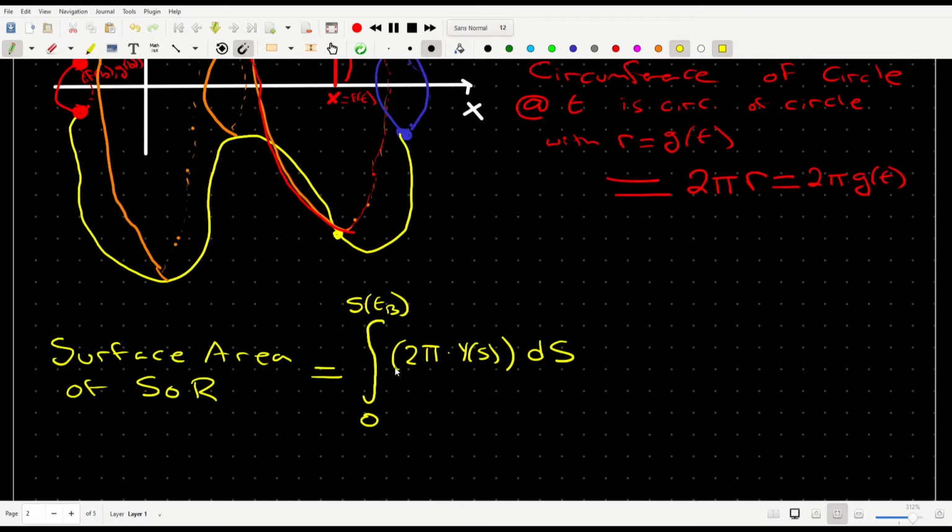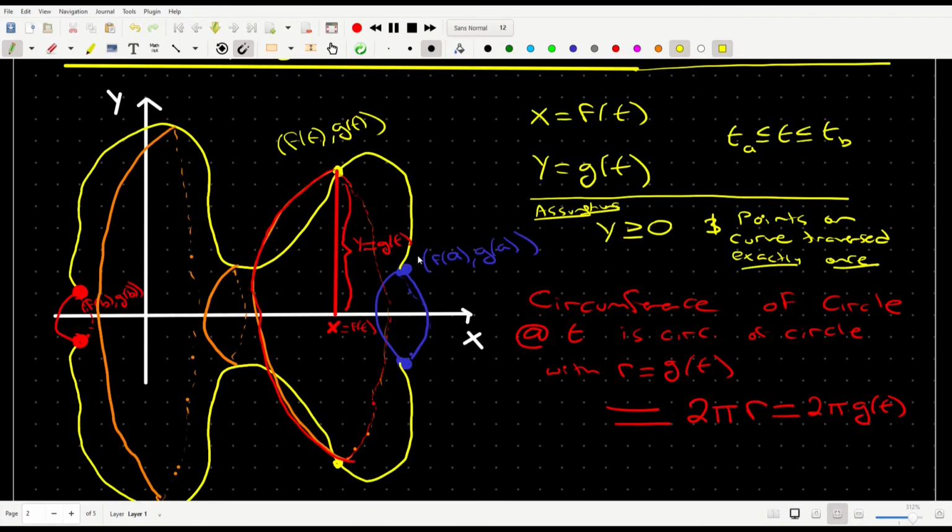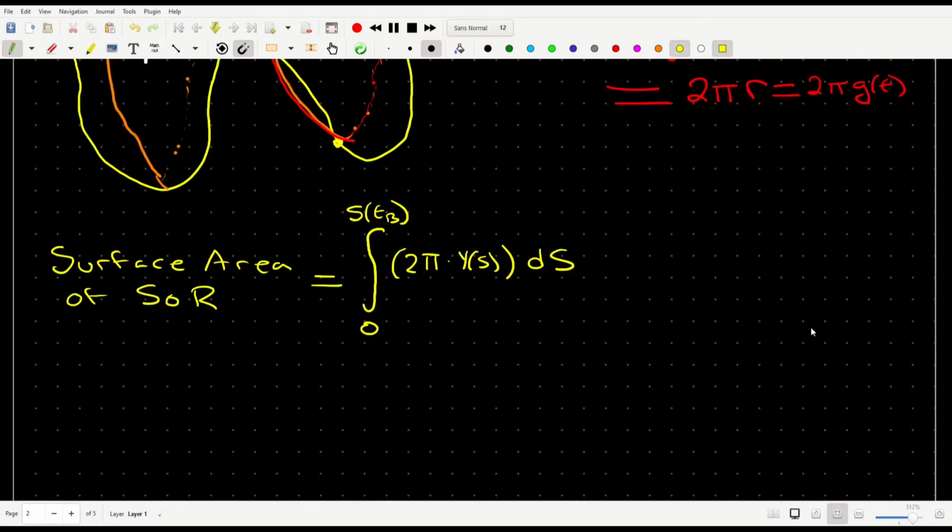Which is the accumulation of the circumference function at every single point along this curve. So you can think of it as infinitesimally adding up the circumference at every single point along this curve. Now this formula can definitely be derived via Riemann sums. It's a very nice derivation, but it's a little bit long, so I just wanted to go through this method of getting the formula, which is a nice intuitive method of thinking about what we're doing here.